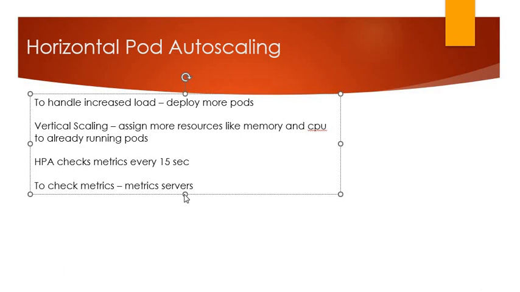Now HPA depends on another Kubernetes resource known as metric server to check the metrics. Metric server provides the data like CPU, memory usage of the nodes and pods. HPA checks the metric server and takes action accordingly.